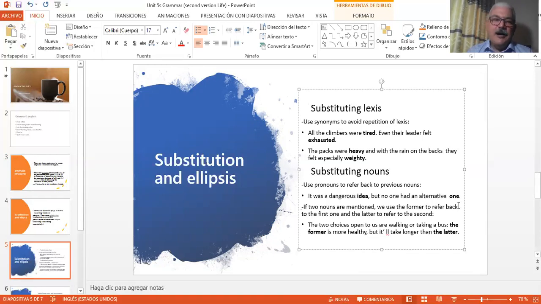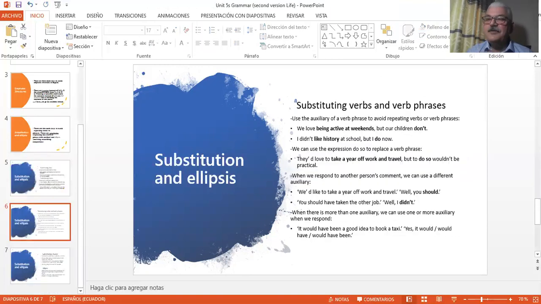Then, let's see the case of substituting verbs and verb phrases. Well, normally we use the auxiliary of the verb phrase that corresponds to the action we are mentioning in the sentence. For instance, when we say, we love being active at weekends, we are using one verb.